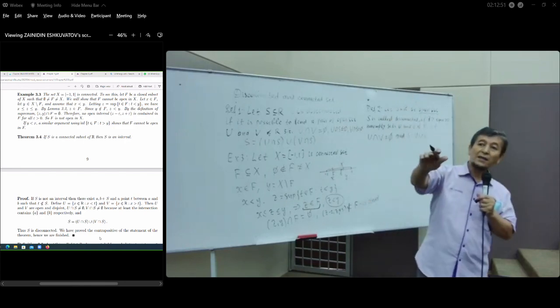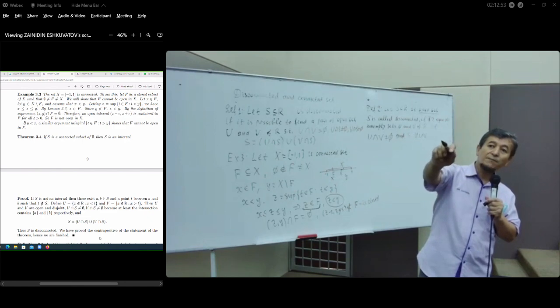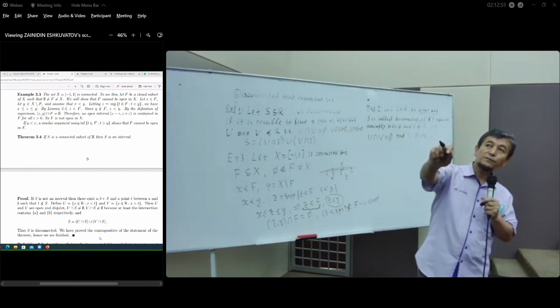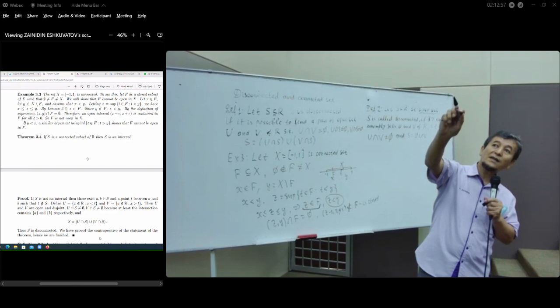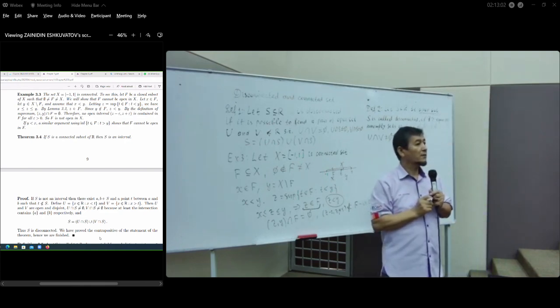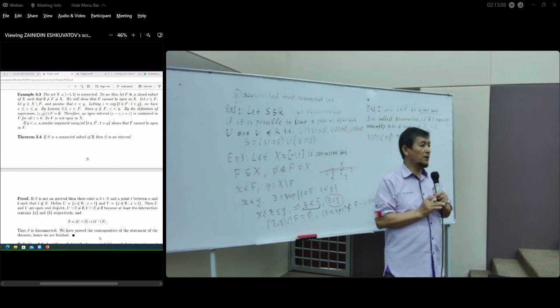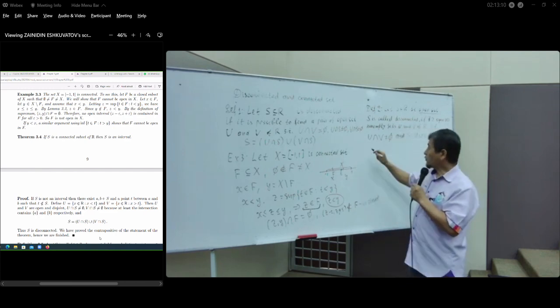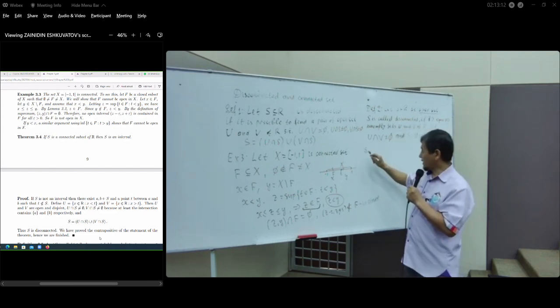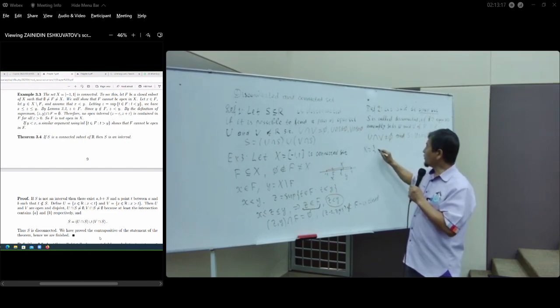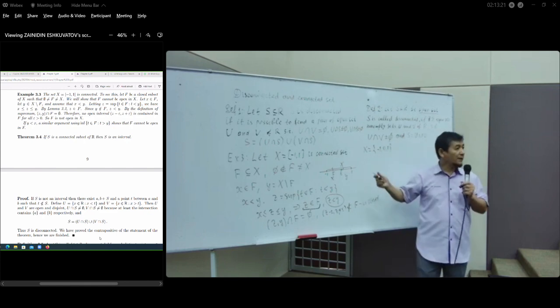So that's why at the end they say if S is a connected subset of R, then S is an interval. If it is a connected set in R, then it must be an interval. Now look, if I take X as 3 points, for example, -1, 0, 1, what can we say?